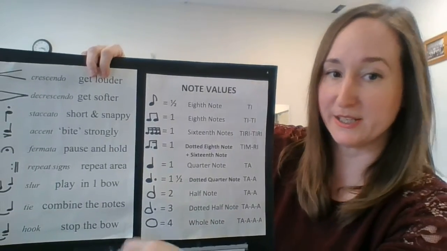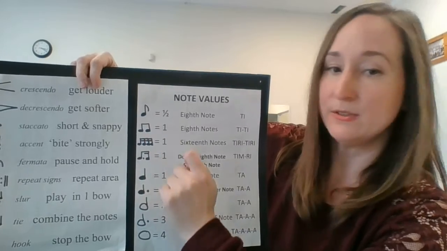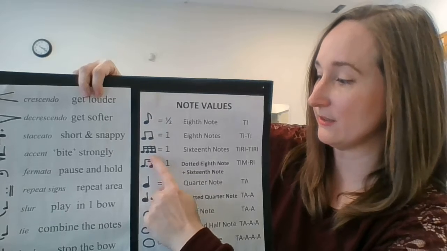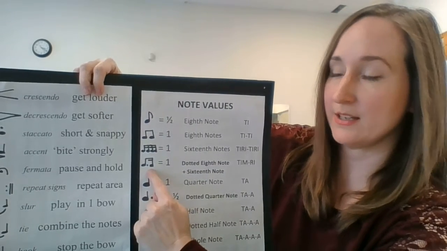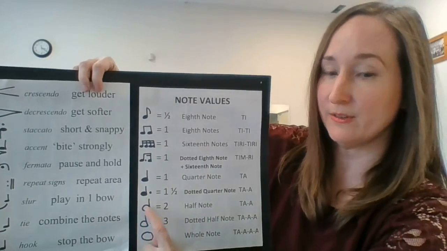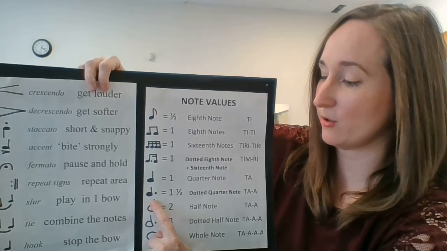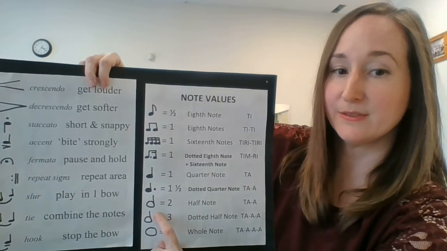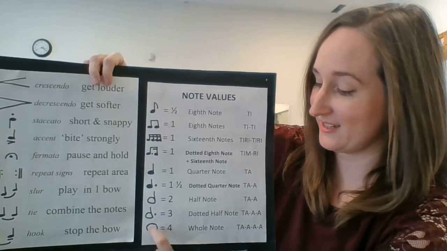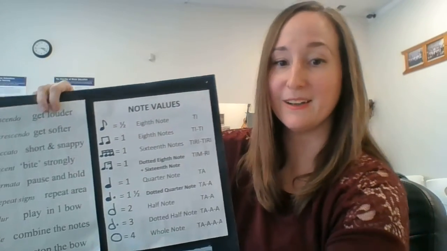Here's a bunch of different types of notes. 8th note, which is a T, 2 8th notes, or a TT, tiri-tiri, 4 16th notes, timri, a dotted 8th with a 16th, ta, a quarter note, ta with a dot, 1½ counts long, a dotted quarter, a half note, ta for 2, a dotted half note, ta for 3, or a great big whole note, a full 4 counts.